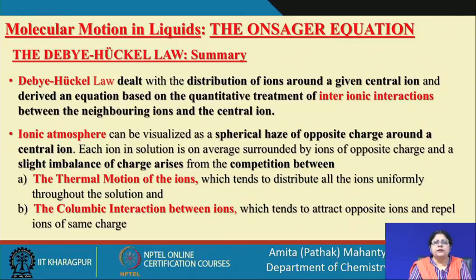An imbalance between the thermal motion and the Coulombic interaction. If the Coulombic interaction is more effective, it takes over the thermal motions which are trying to distribute the ions uniformly, and the Coulombic interaction becomes a major player.